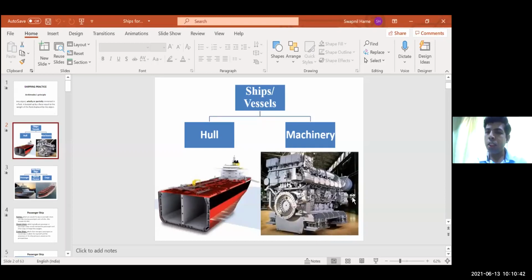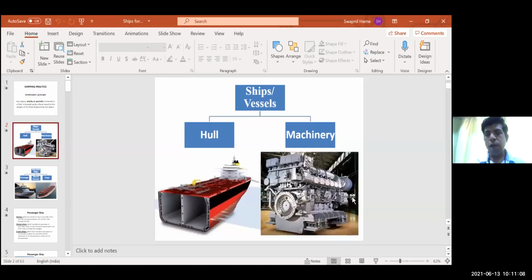First and foremost is your main engine. Like in cars or bikes we have a 4-stroke engine, but on ships you will always find a 2-stroke engine. Then you will find generators, auxiliaries, minimum 3 generators. All this you will find in the engine room.